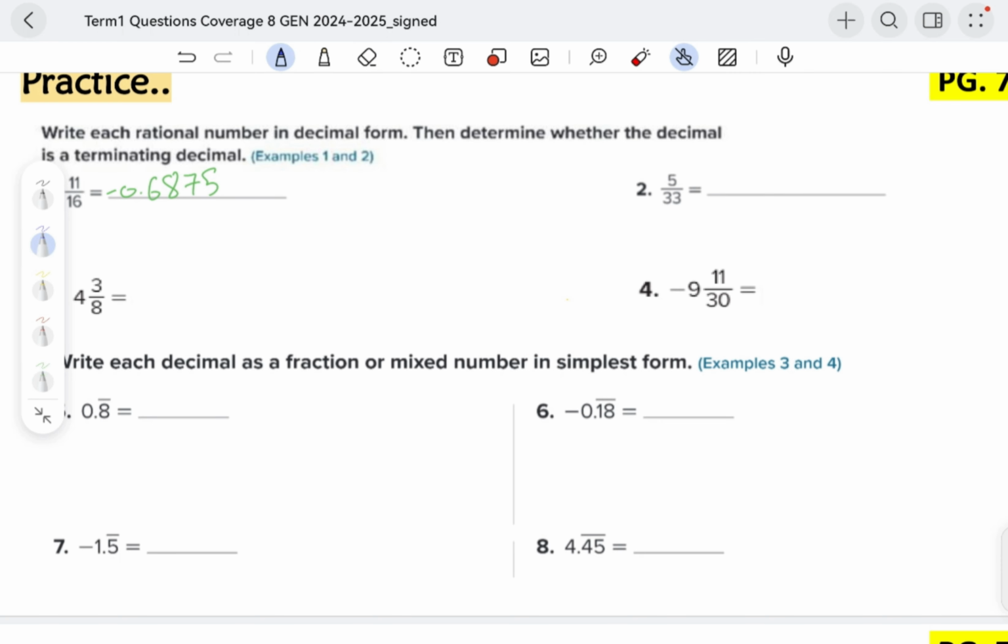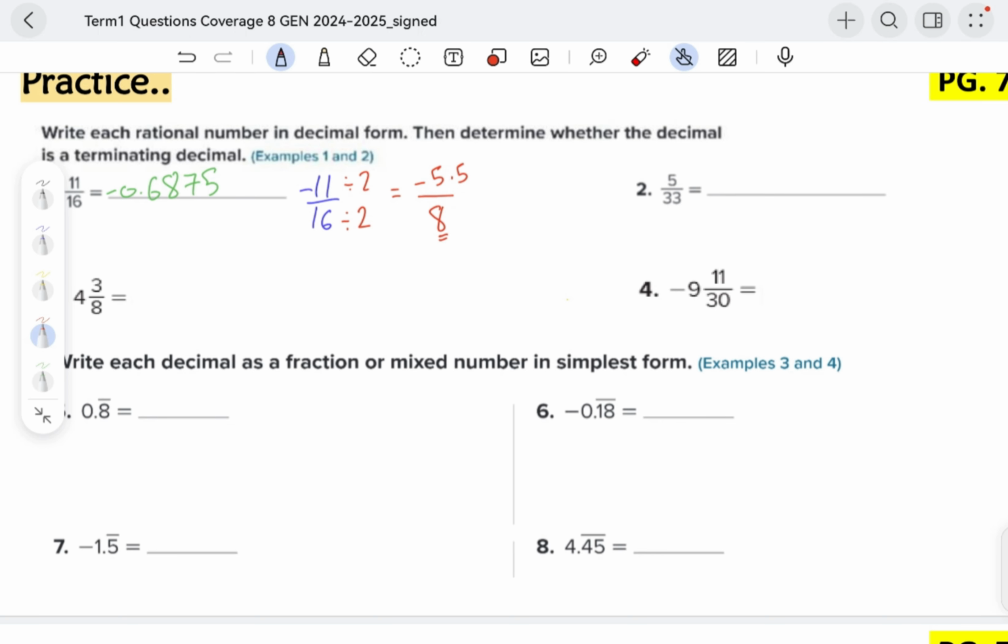If you want to solve this question using another method, we have negative 11 out of 16. What I'm going to do is divide both numerator and denominator by 2. So we're going to have 8 in the denominator, and in the numerator, negative 11 divided by 2 is negative 5.5.